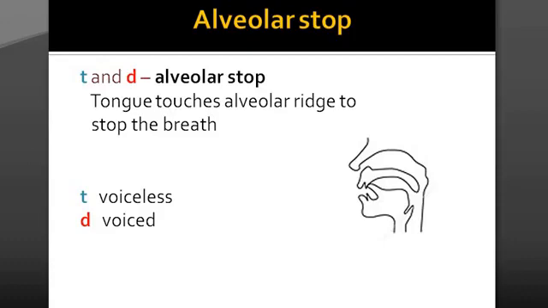Just like with n, go to the video here. Just like with n, my tongue is on the alveolar ridge behind my teeth when I say t, t, and d, d. Can you feel your tongue is in the same place?